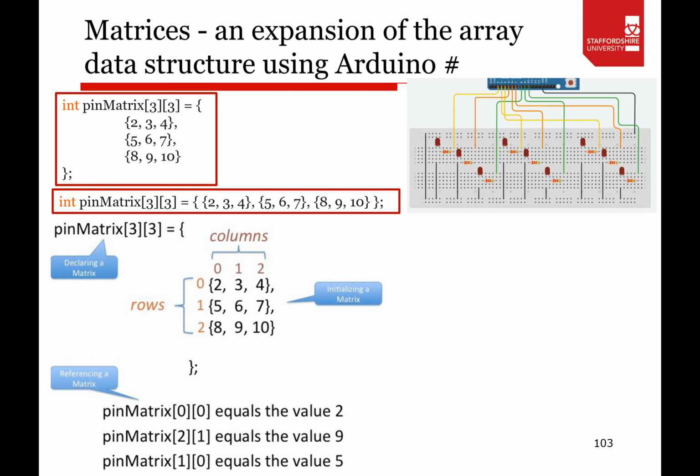So the input pin matrix is 3, 3, because that's the size of the matrix. 2, 3, 4, 5, 6, 7, 8, 9, 10. Again, I've shown this image here for reference. This can be written in the following 2 formats in the sketch, because the Arduino just converts it into a hexadecimal file.